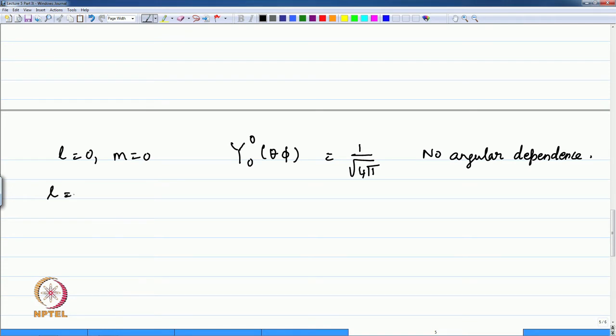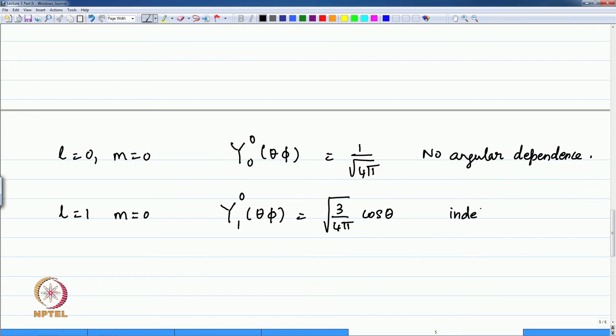When L is 1 and M is 0, the spherical harmonic is Y 1 0 theta phi, and it has the value root 3 by 4 pi cos theta, independent of phi.